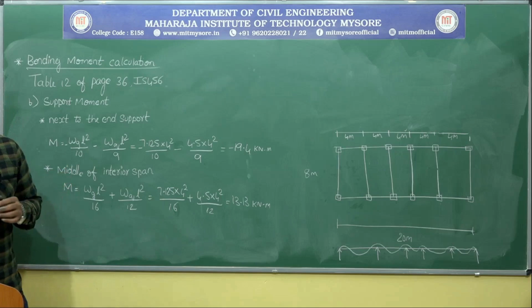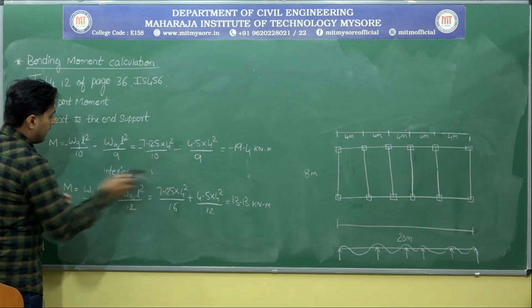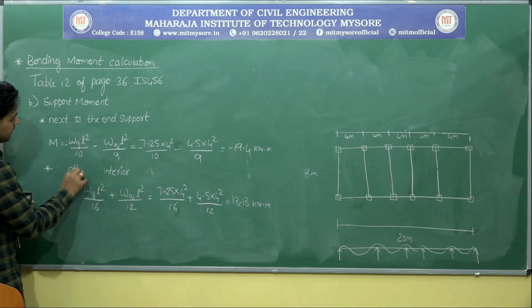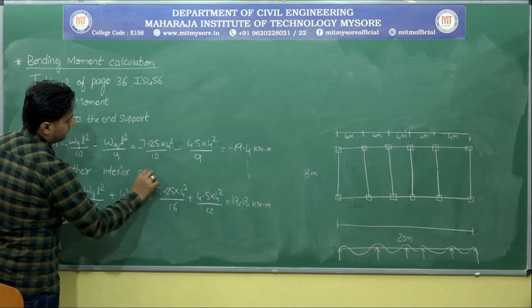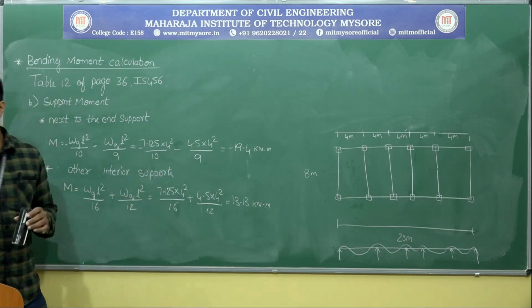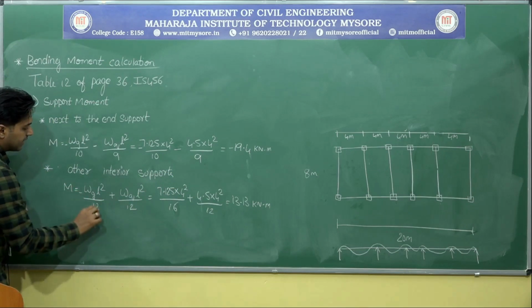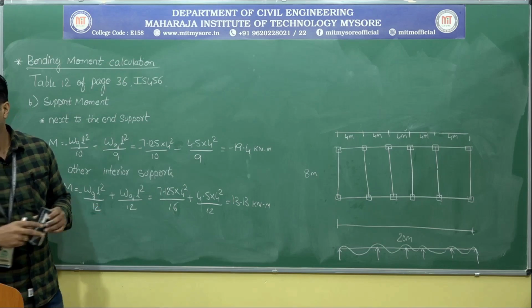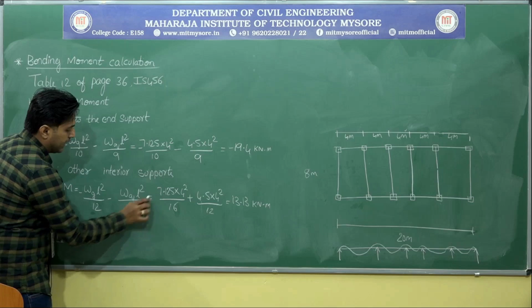Similarly, next it is the other interior supports. The formula for that is minus WG L square by 12 minus WQ L square by 9.